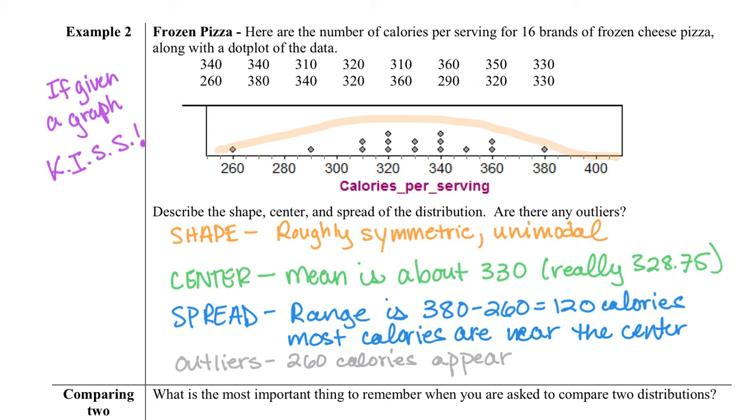By saying appear and not saying for sure, you won't get docked. Appears to be an outlier. So you could also say maybe an outlier. That way you've shown that you've thought about it, you've made a determination, but you didn't actually do the calculation to find out if it's an outlier at all or not.